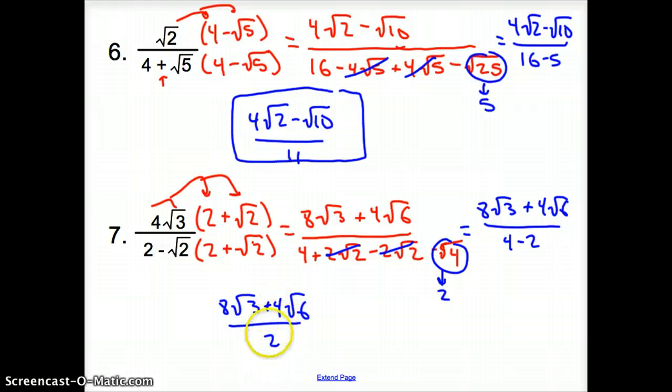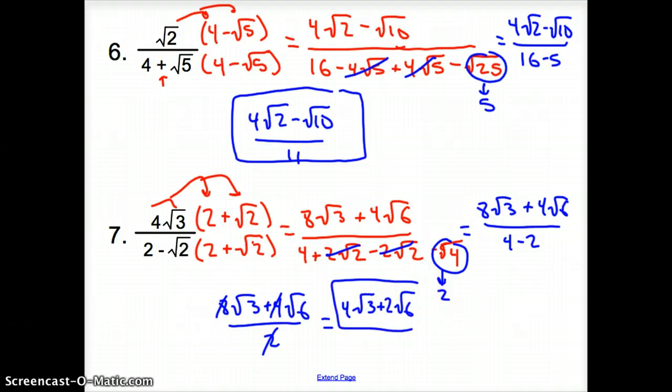Now, very last thing, if you had this answer, that would be completely fine. But look at this 8, this 4, and the 2. All outside the square roots, we can actually cancel out a 2 out of each of those numbers to be left with 4 square root 3 plus 2 square root 6 for our final answer.